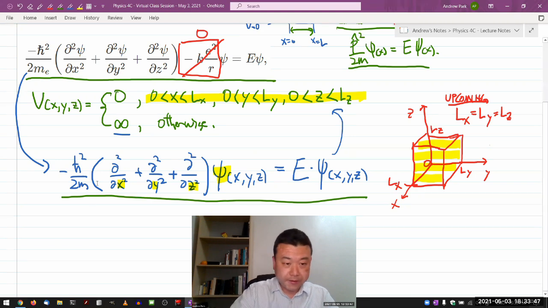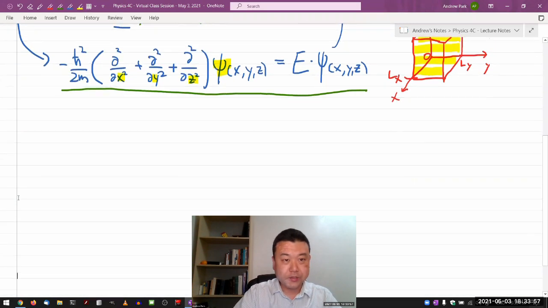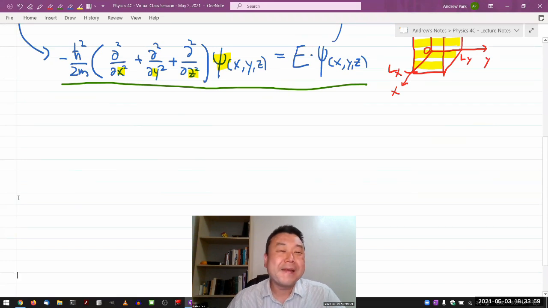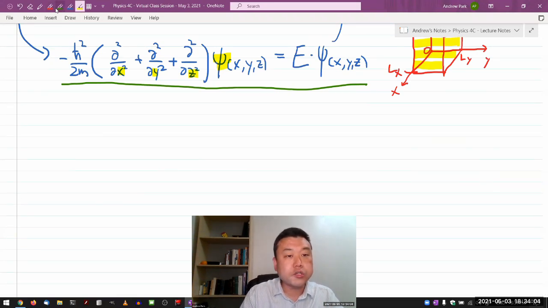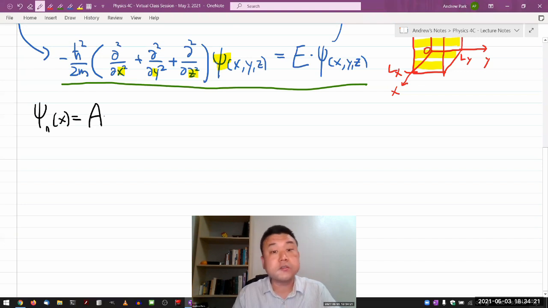If you're staring at this and don't know quite where you would go, you would be in good company. You might recall your solutions for the one-dimensional case, so you think maybe something like this might work. You say, okay, psi of n x. This was my set of solutions to the one-dimensional particle in a box.